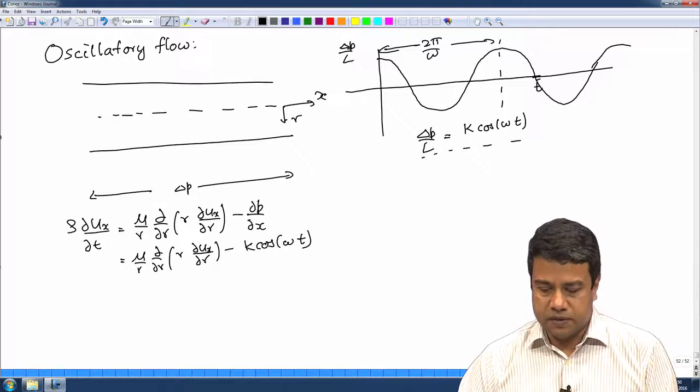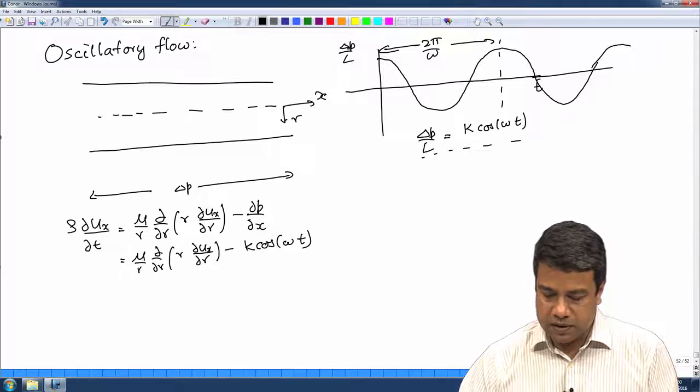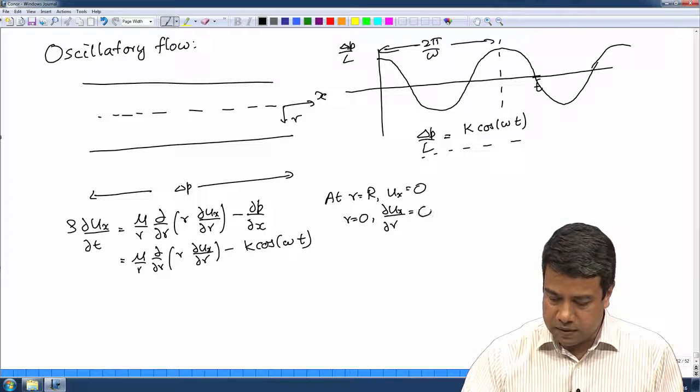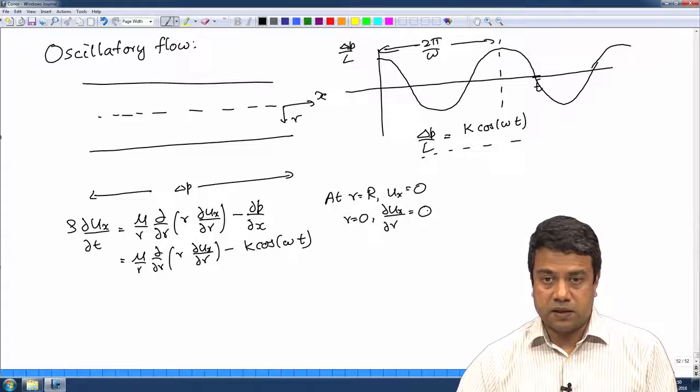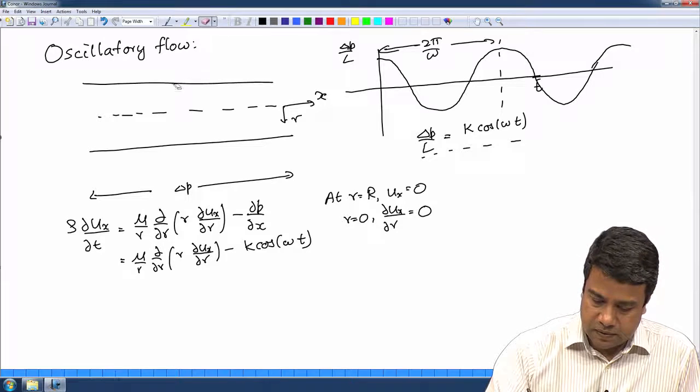So, that is the momentum conservation equation. And I have the boundary conditions: at r is equal to capital R, u_x is equal to 0, and at r is equal to 0, du_x by dr is equal to 0. The symmetry condition there, because there is no physical boundary at the location r is equal to 0.